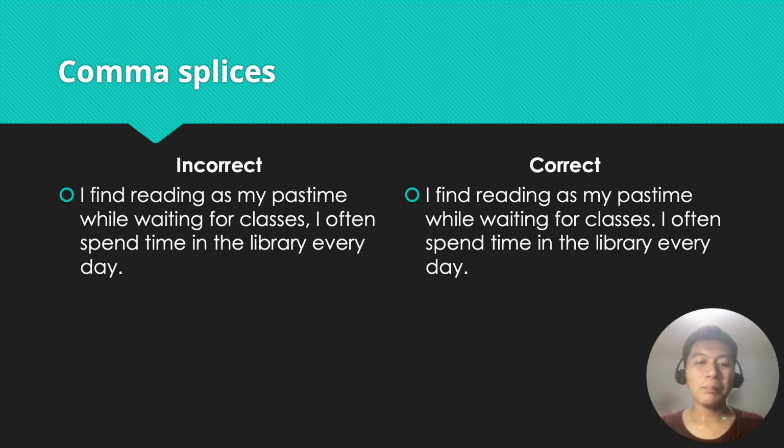Well, instead of using a period, you use the comma after the word classes. So the correct version would be like this. I find reading as my pastime while waiting for classes, period. I often spend time in the library every day. So now you have two sentences, since both of these clauses are independent and you can use them as standalone sentences.